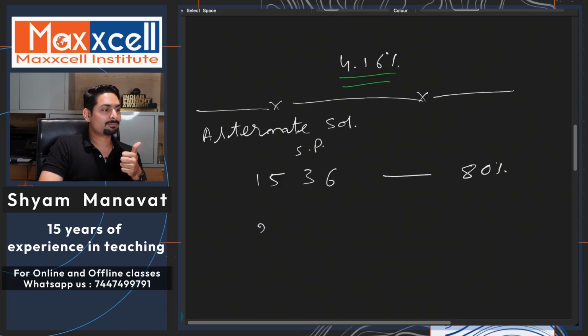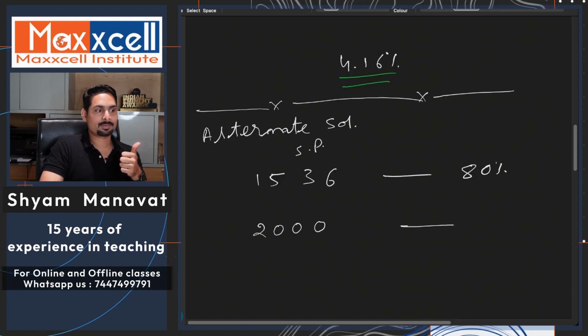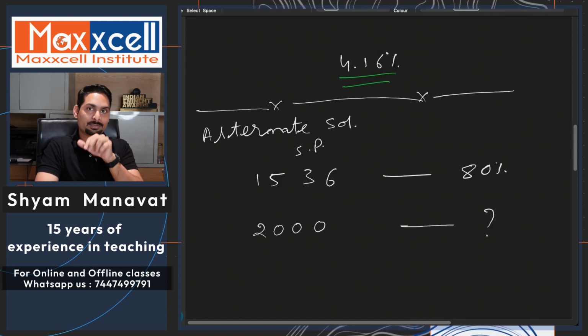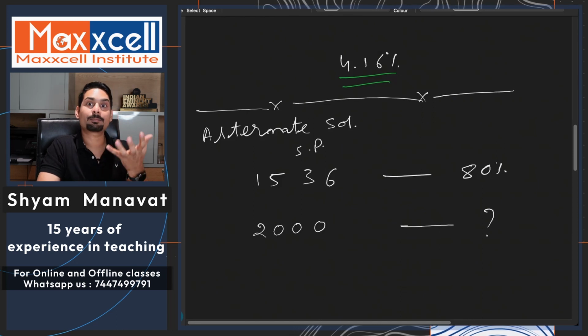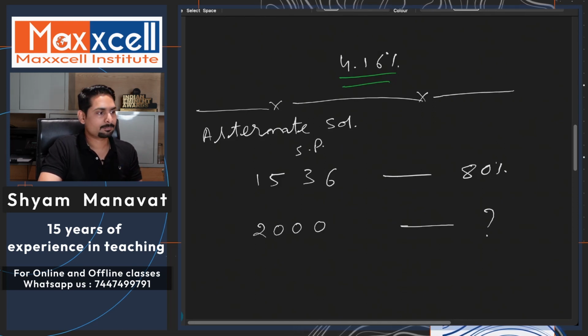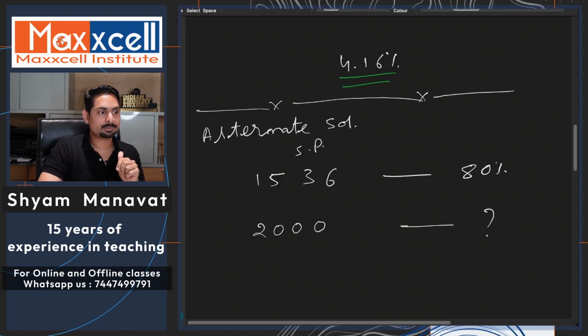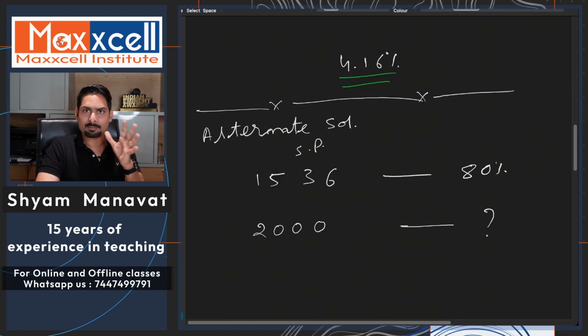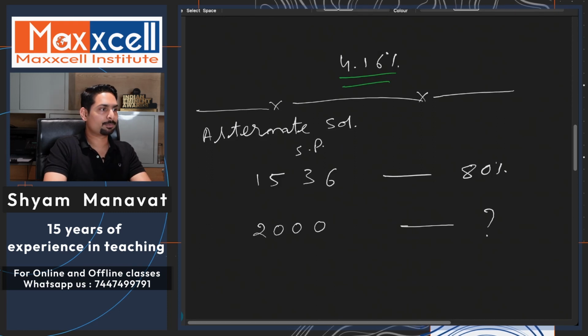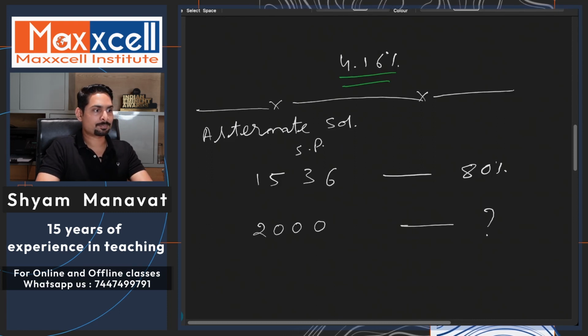Now the question said, had the selling price been 2000, find the profit or loss percent. So first of all, let's find out this is what percent of the cost price. 1536 is 80% of the cost price. So 2000 is what percent of the cost price? We'll simply do cross multiplication. I hope you are aware of this method.